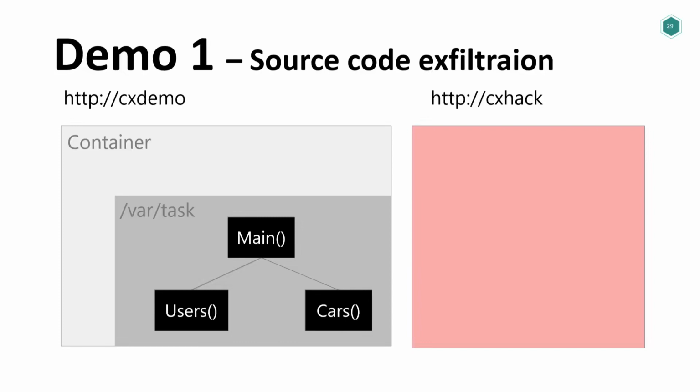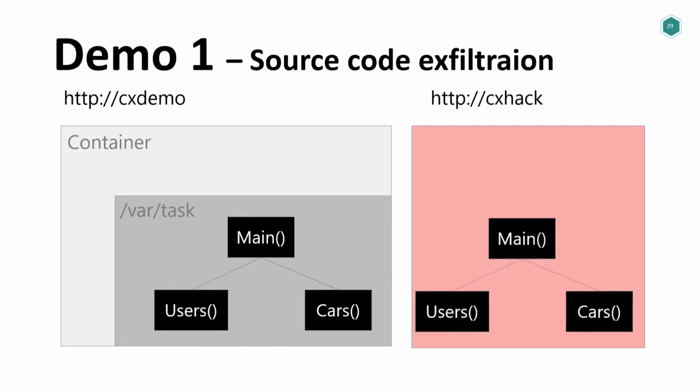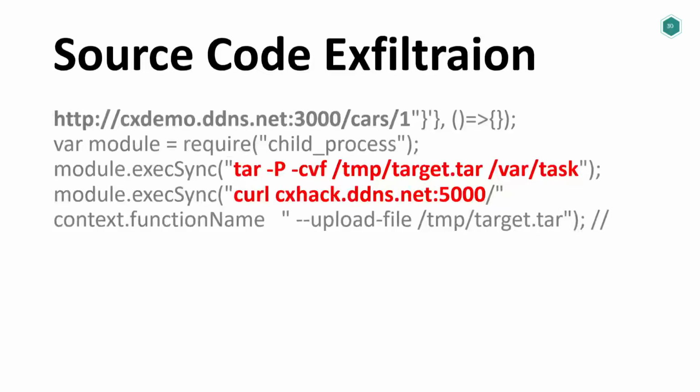And this is what we want to do. Indeed it's short-lived, but we want to be able to look at the code later also. As attackers, it can be very useful to look at the code itself. So we did just that. Here's the payload. Again, the important parts are in red. You can see the compression here, and then we just curl it to our new home.